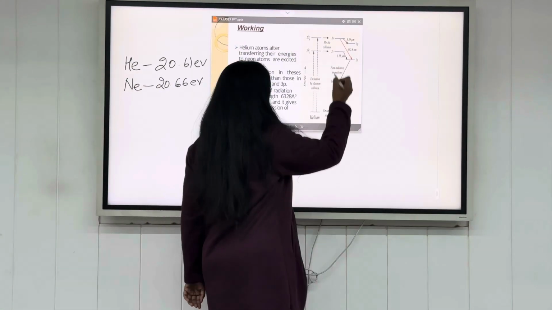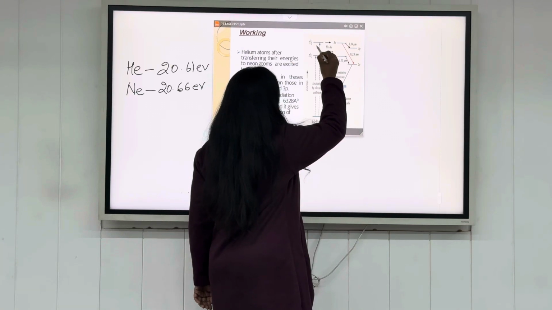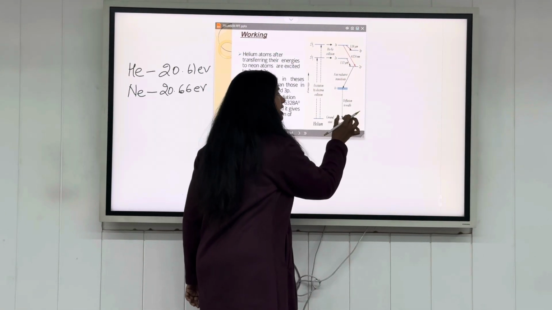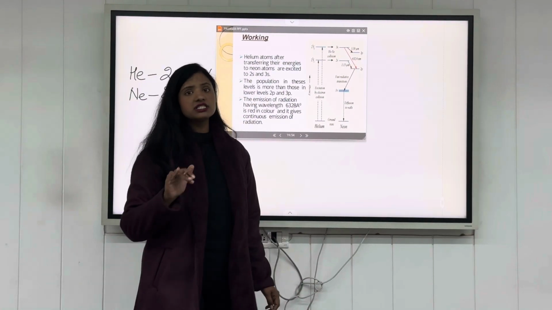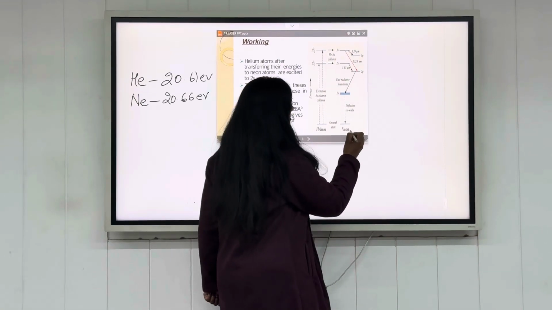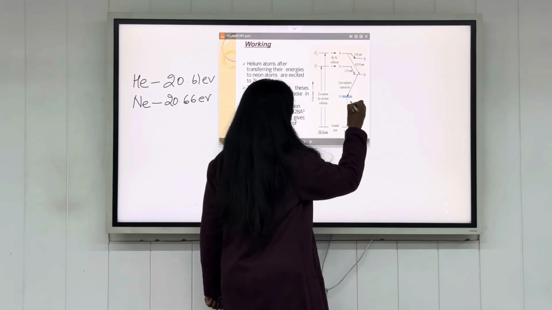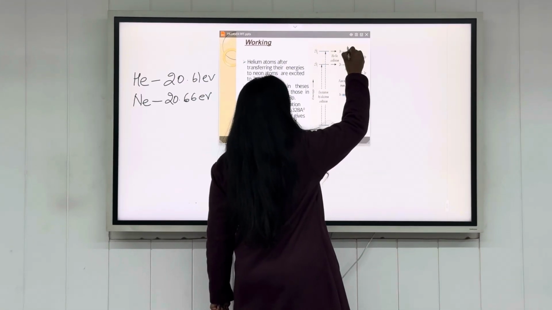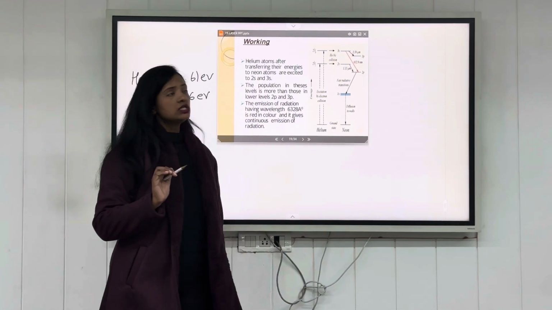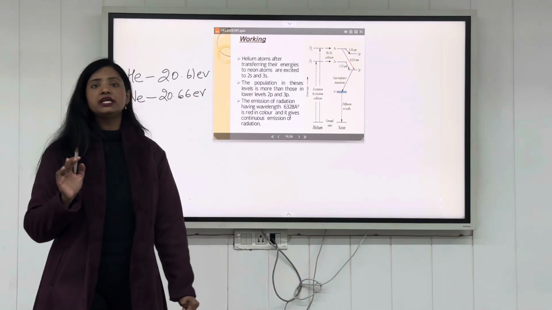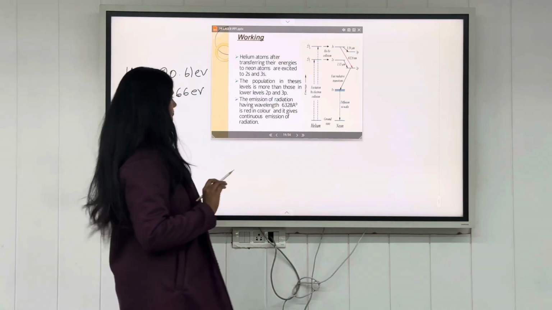So when they collide with each other, these excited electrons will interact with the electrons present in the lower energy state of the neon, and in return they will also attain energy and move to the excited state of neon. So this is the role of helium in the helium-neon laser.